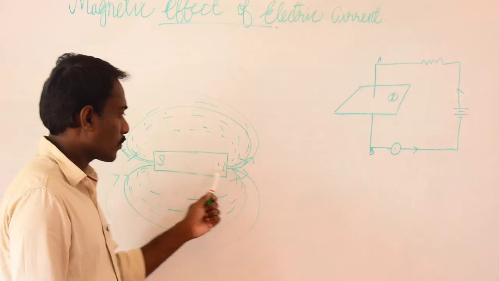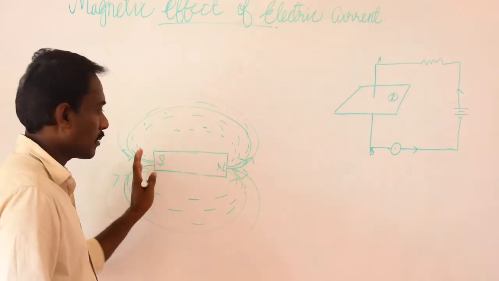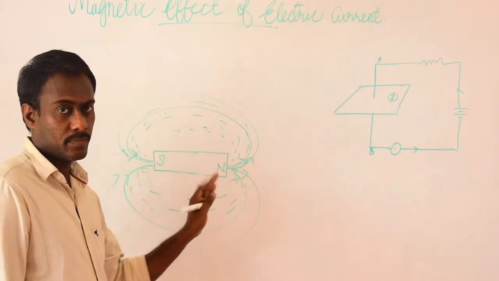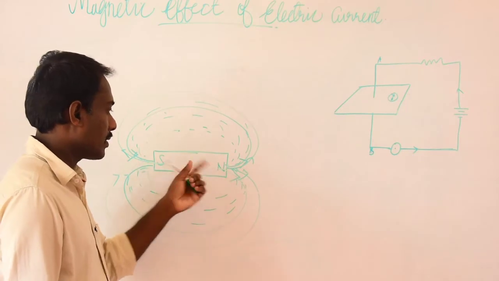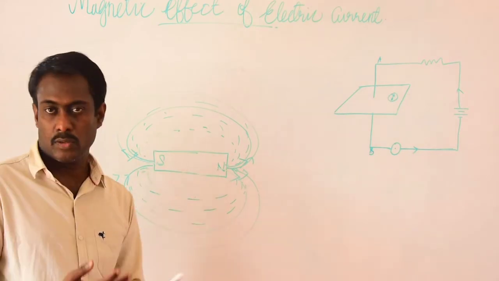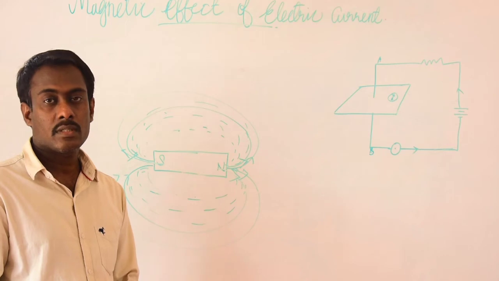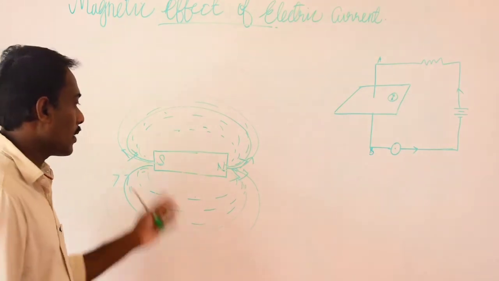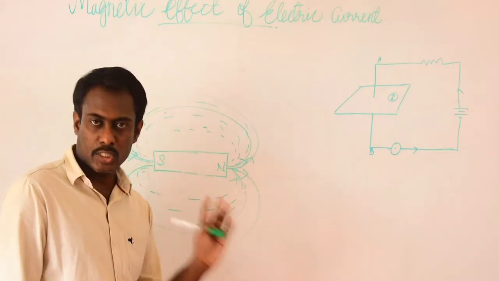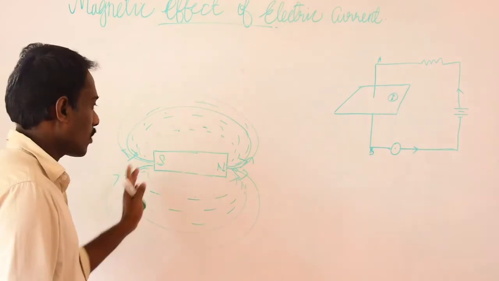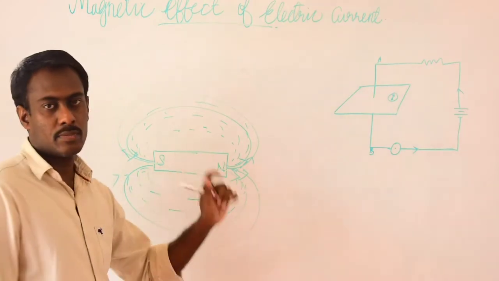We already know the properties of the bar magnet. It has two poles, and two like poles repel each other while unlike poles attract each other, and we cannot isolate these two poles of a magnet.